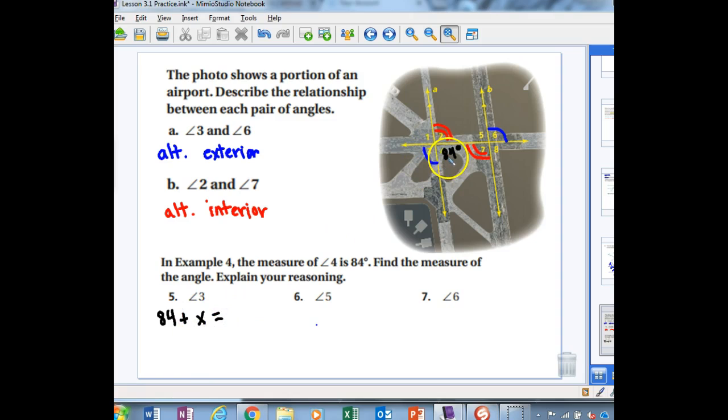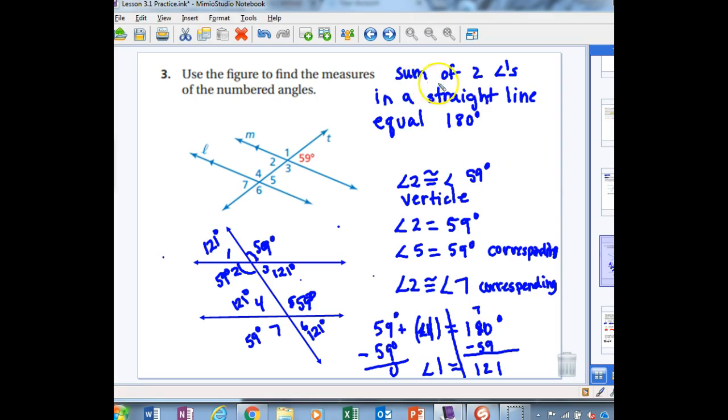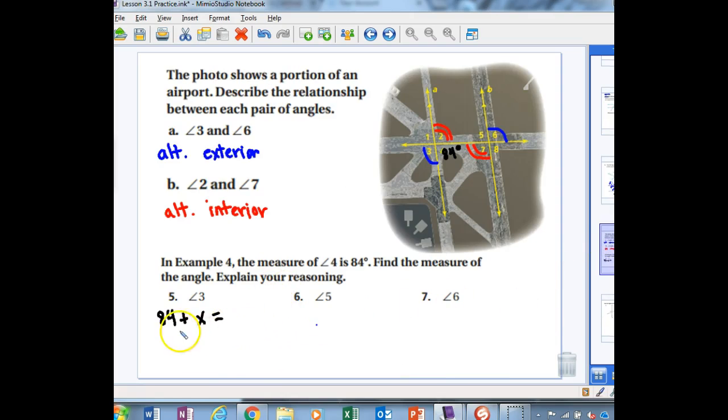What is the sum of two angles in a straight line? Nope. What did we say the sum of two angles in a straight line equal? They equal 180. Can I solve this problem? Yes. Solve it.